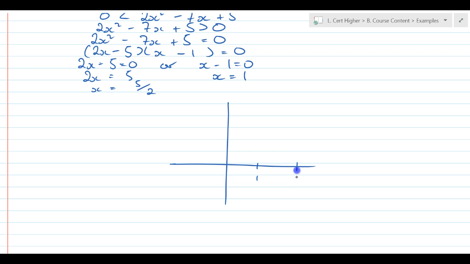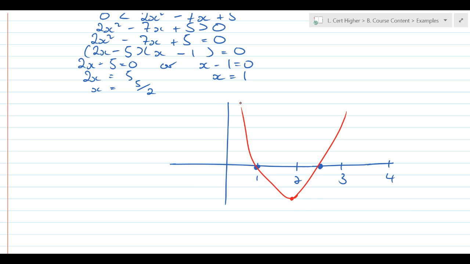So there's 1, there's 2, I'll put in 3 and 4. 2.5 is approximately here, and x equals 1 is there. The graph is symmetrical, therefore the vertex, the bottom of the graph, will lie between these two, at about here, and then I just draw up my graph.